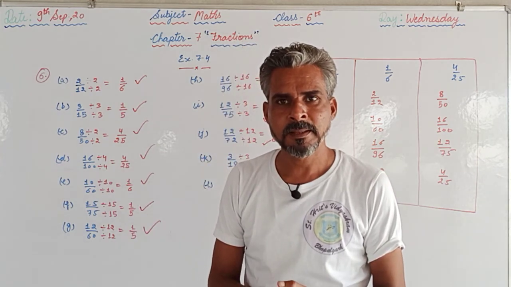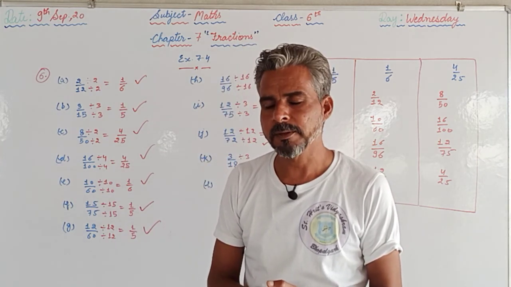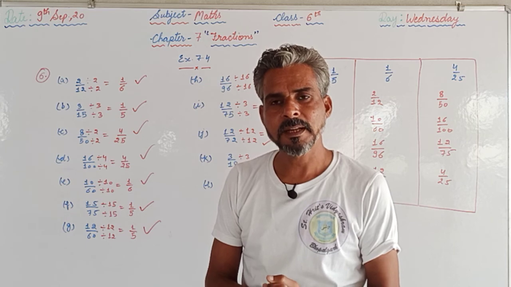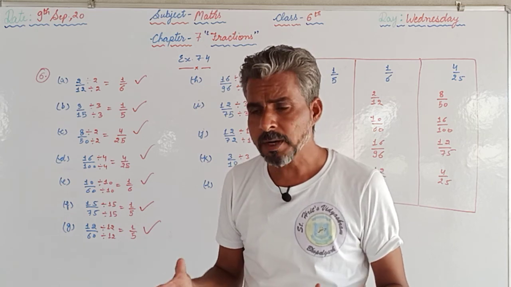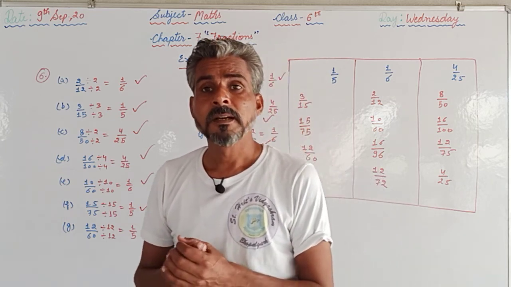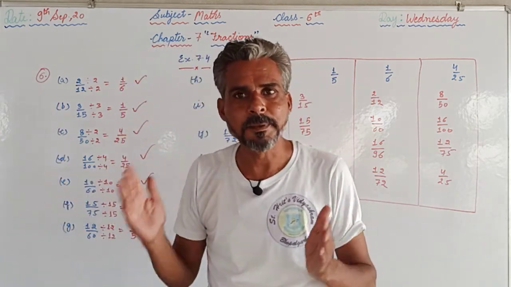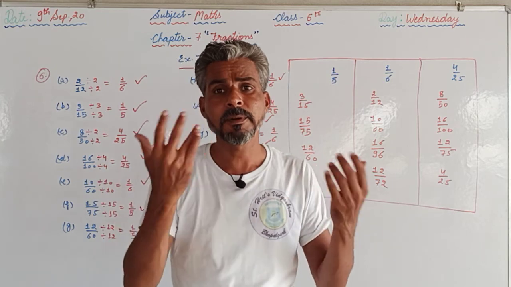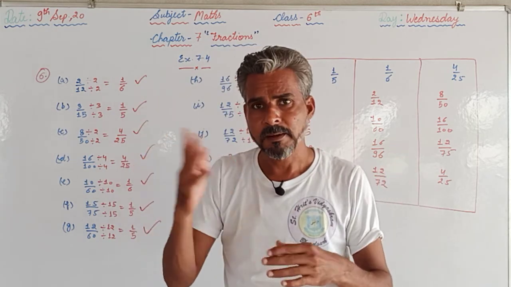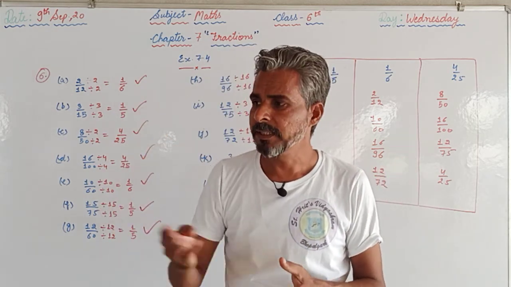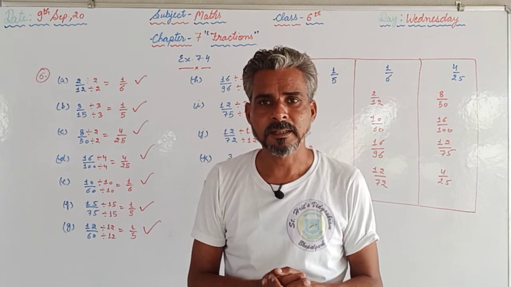We are supposed to multiply the numerator of the first fraction with the denominator of the second fraction, then compare the products after multiplication, and afterwards we can say whether the given statements are correct or not.